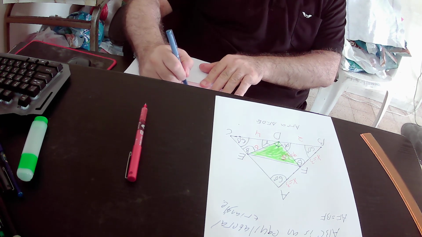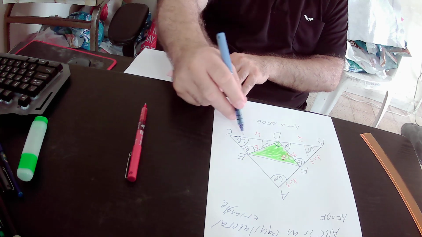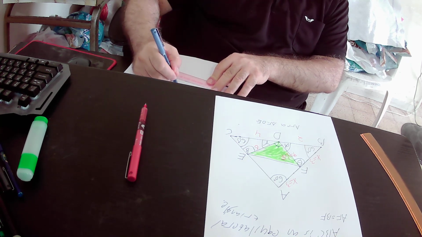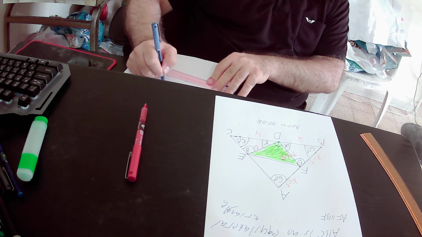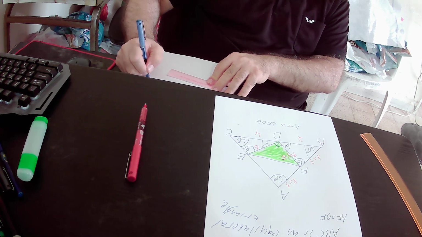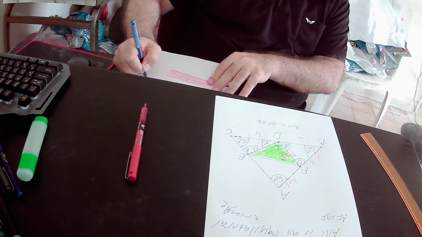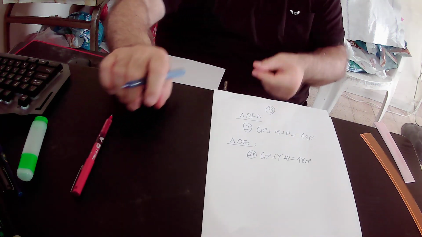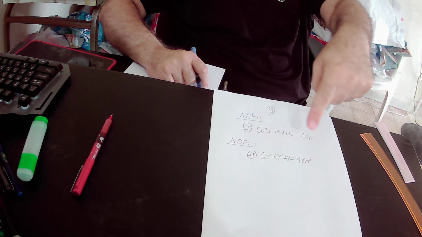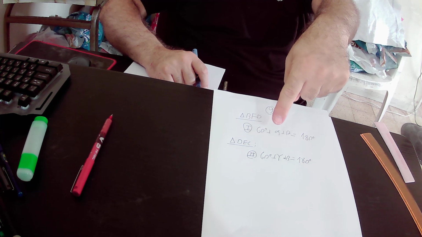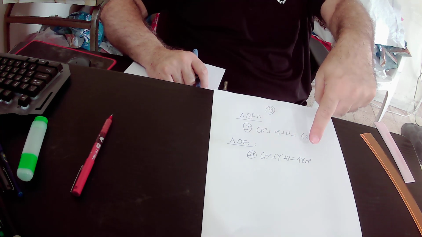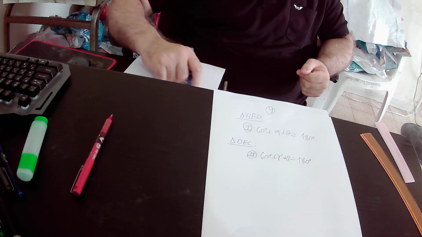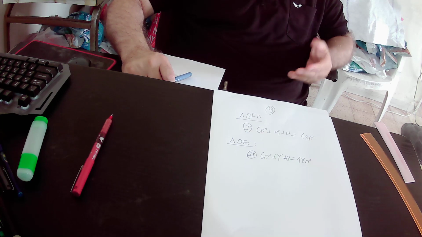So the sum of the angles in triangle DEC is 60 degrees plus gamma plus beta, which equals 180 degrees. That is our second equation.